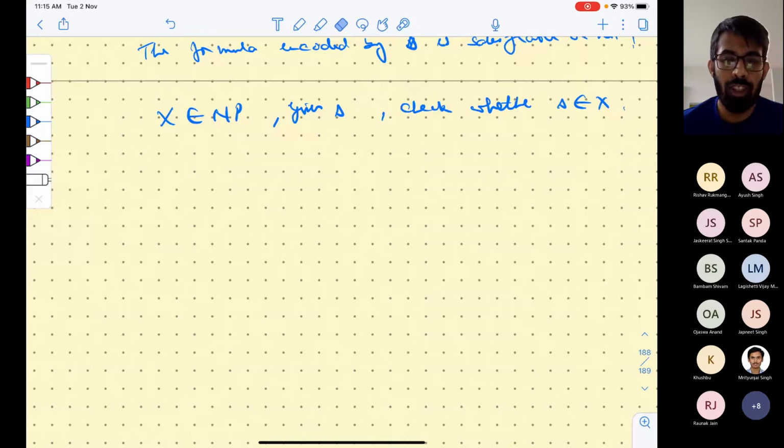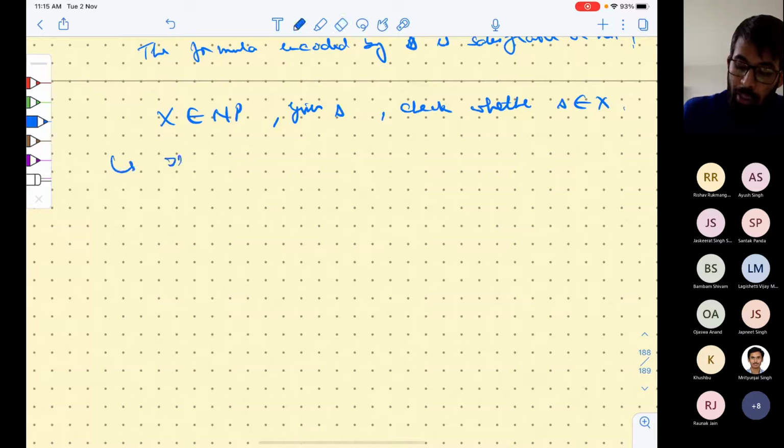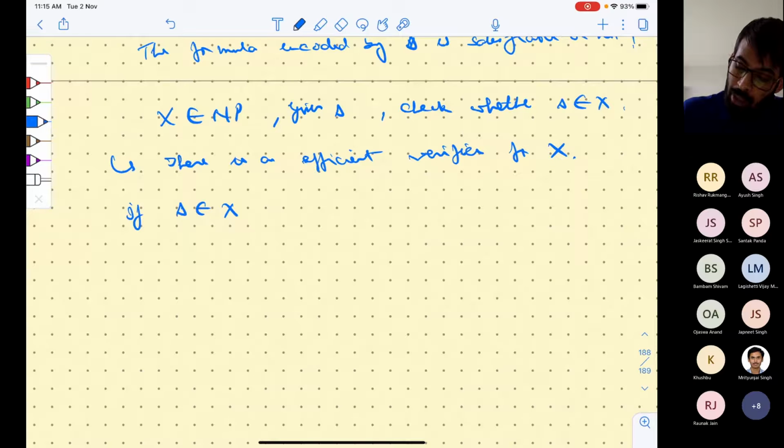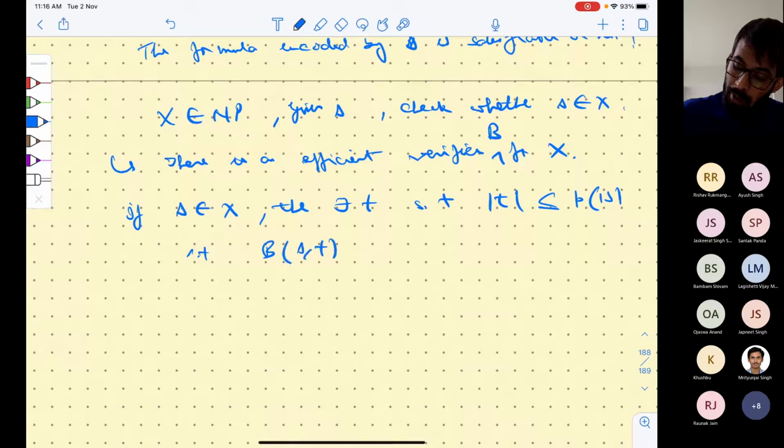So what can we do here to check whether S belongs to X? We know that there is an efficient verifier, or certifier, whatever, for X. That means if S belongs to X, and let's say the efficient verifier is B, then there exists a T such that the length of T is at most P of S, such that B of S comma T is equal to yes.